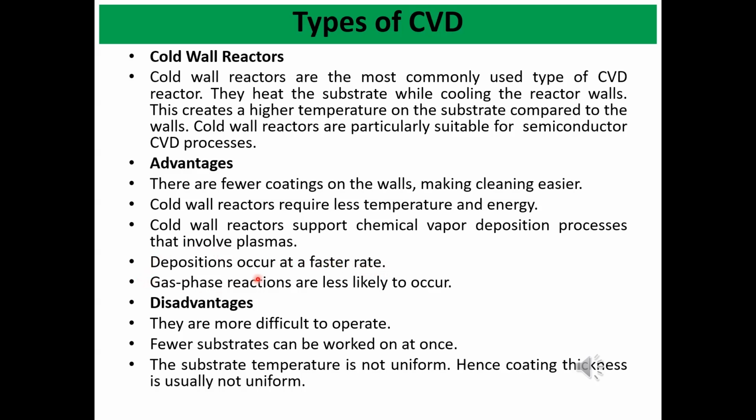Gas phase reactions are less likely to occur because in case of cold wall reactors only the substrate is heated, so gas phase reactions are not occurring and only the reaction occurs on the surface of the substrates.